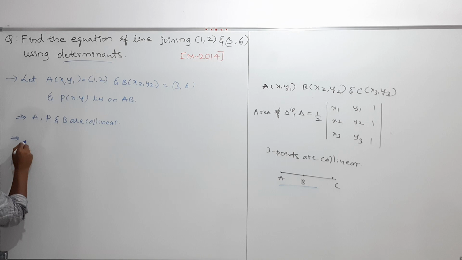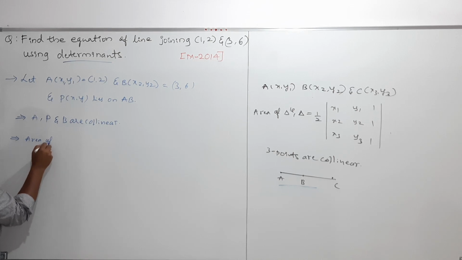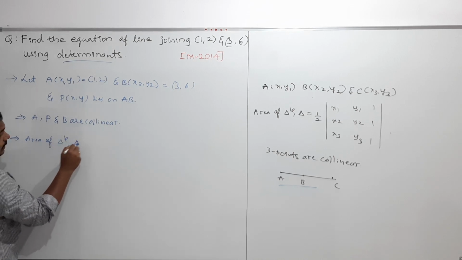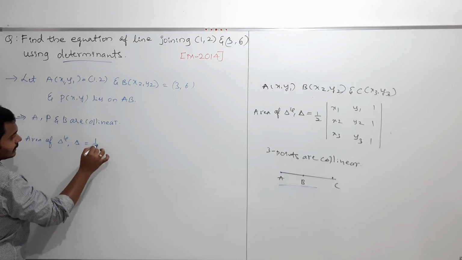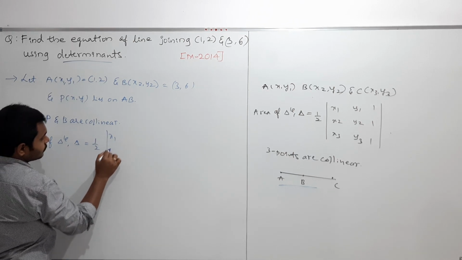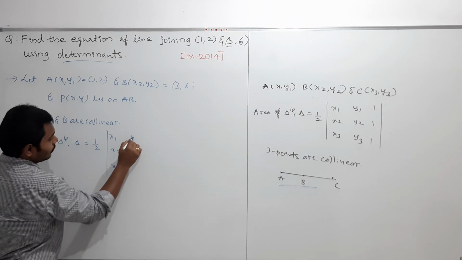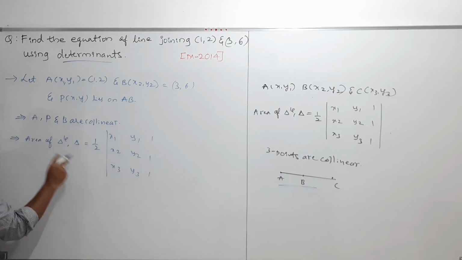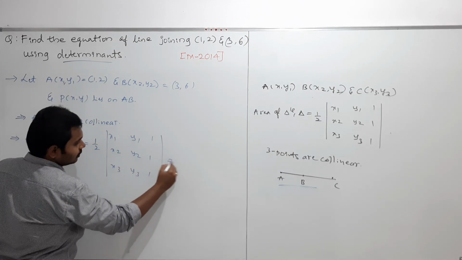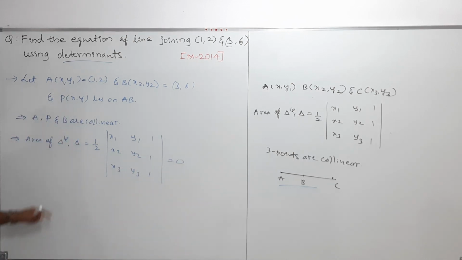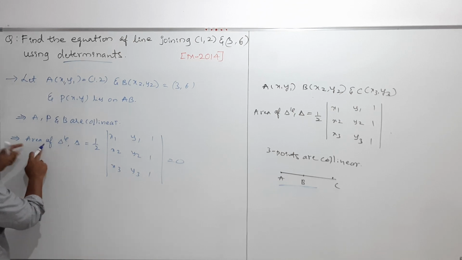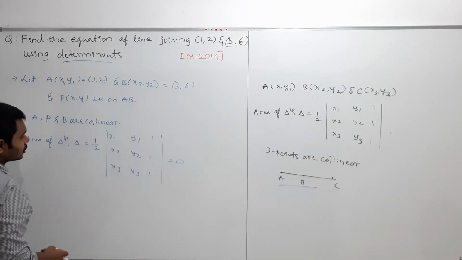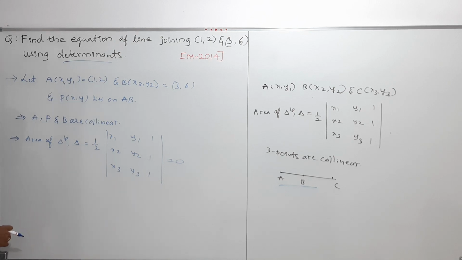So this implies the area of the triangle is half times the determinant of x1, x2, x3, y1, y2, y3, 1, 1, 1, and the area of the triangle will be equal to 0. Clear? So my dear students, this determinant value is equal to 0, I can write.